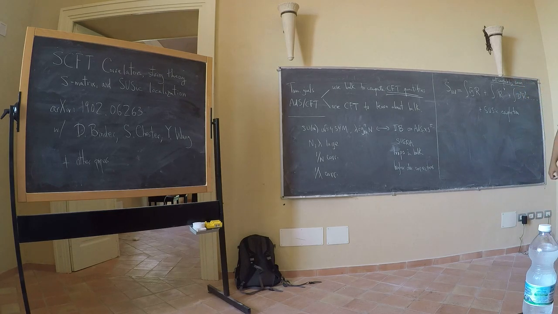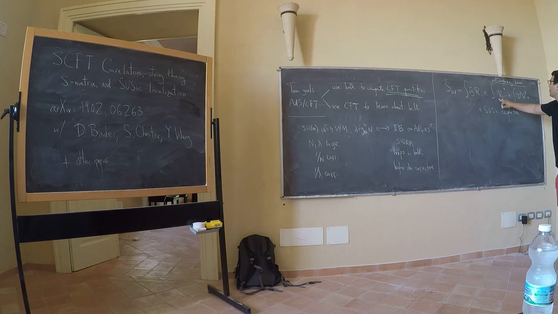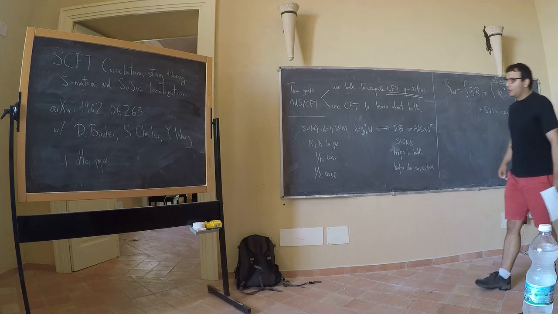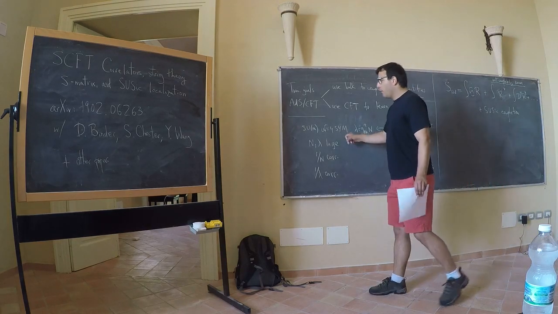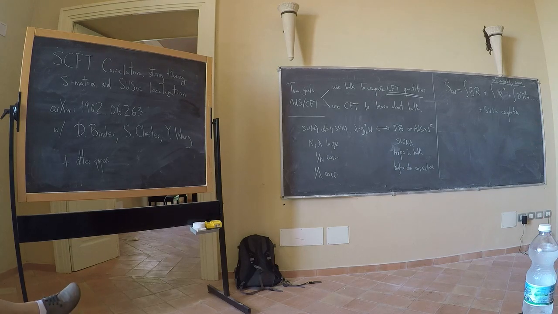So I think that's probably one of the remarkable things that I'm going to be talking about: I'm going to be computing Witten diagrams with interaction vertices that come from this R to the 4 and D to the 4, R to the 4. And even though the full supersymmetric completion of these terms is not known, the way they contribute to CFT correlation functions in N=4 super Yang-Mills would be determined.